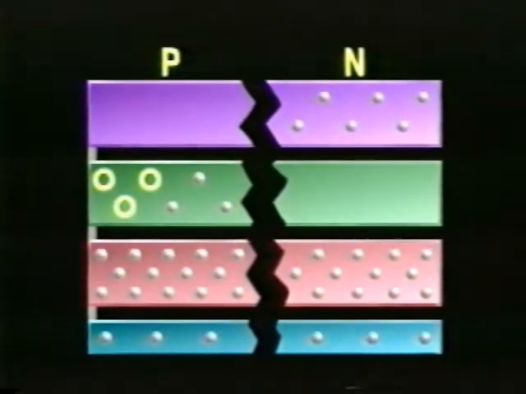It's important to note that holes will not diffuse across the junction. Holes exist only in the valence band, not in the conduction band. A hole can be filled by a free electron, but it cannot move up into the conduction band to meet the electron. This recombination of P and N material produces an area at the junction called the depletion region. There are essentially no majority carriers within it, no free electrons, and no holes.